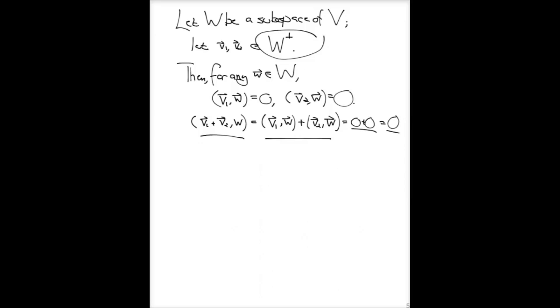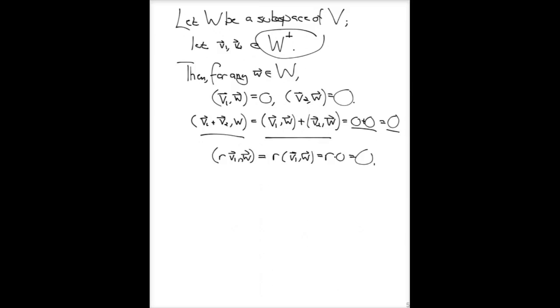Similarly, it follows that if v1 is in the orthogonal complement, and we consider the scalar multiple r v1 and its inner product with w, this factor r factors out of the inner product, again using a property of the inner product, and then this is just r times 0, or 0.